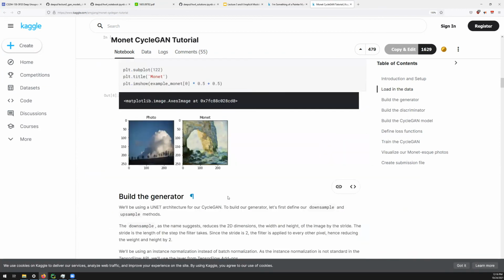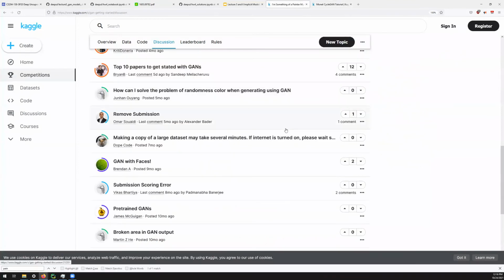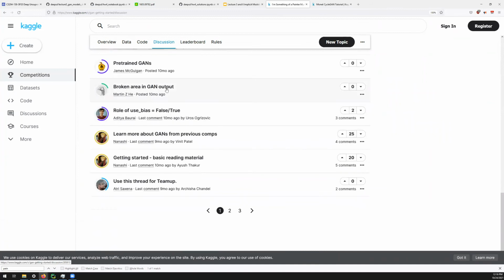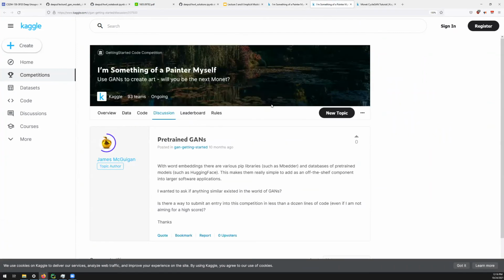You do get the old NVIDIA GPUs, I forgot what the name was, sometimes on Colab. But I think they also have the pre-trained GANs, so you can also do pre-trained stuff.